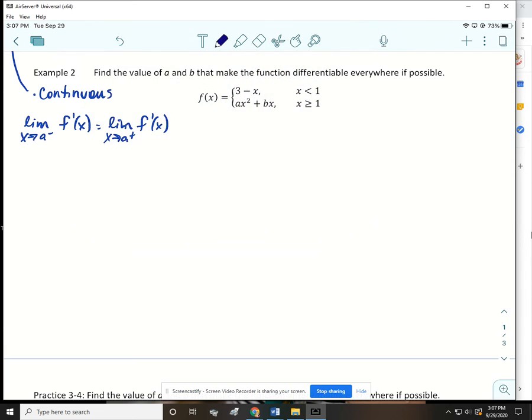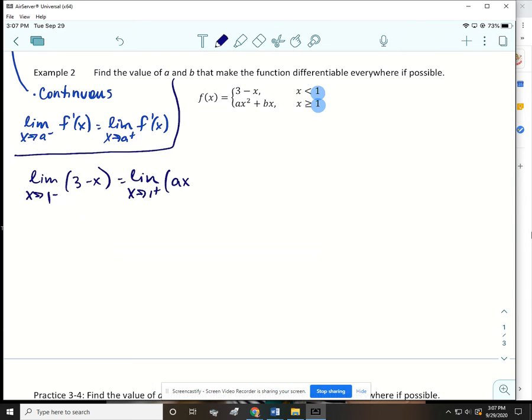So we want the limit as x approaches 1, because 1 is the value where things happen here. From the left side is going to be the 3x minus x. That needs to equal the limit as x approaches 1 from the right of the other piece. All right, so then we'll put 1 in for our x's. So that's going to give you 2 is equal to a plus b.